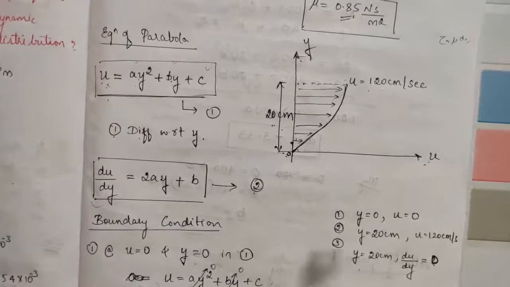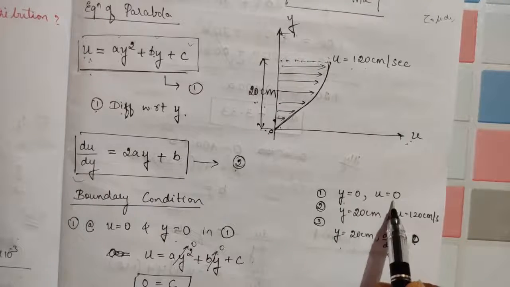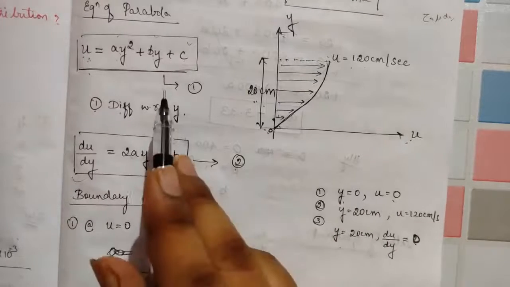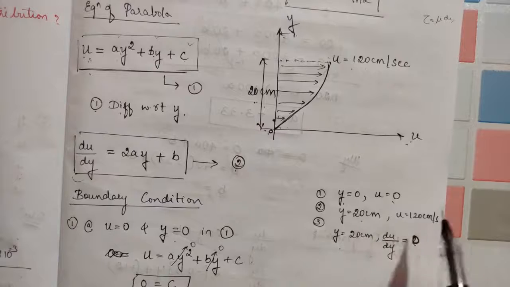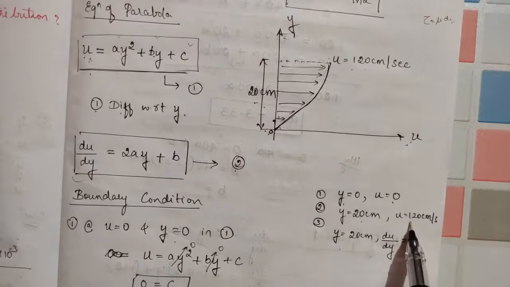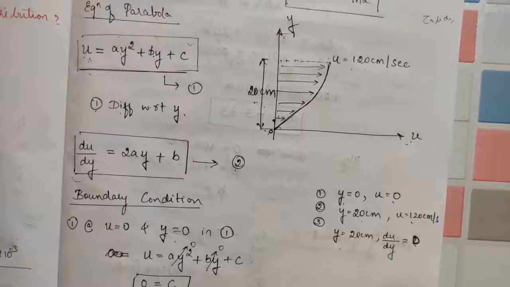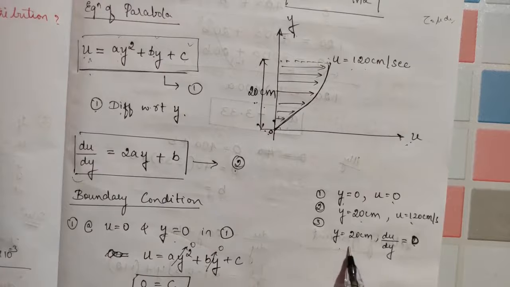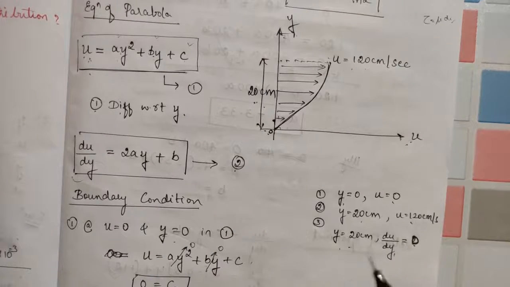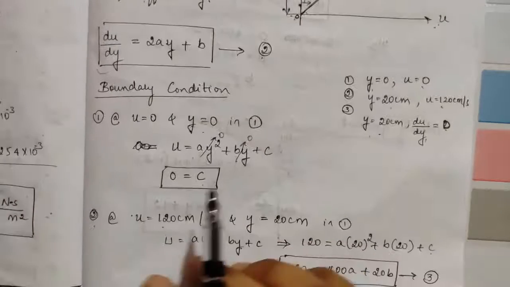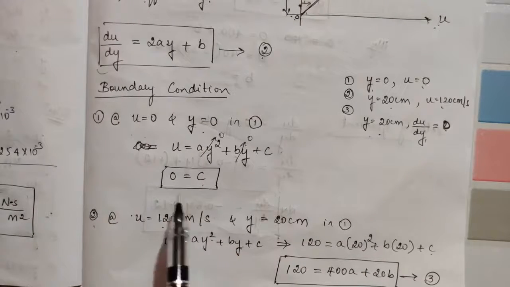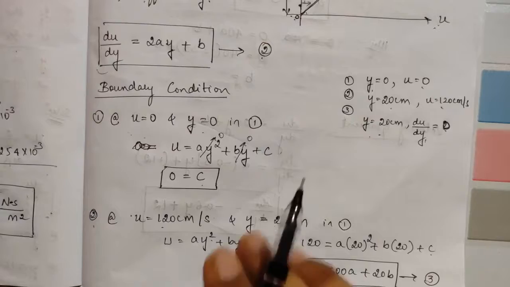With the boundary conditions: when y is equal to 0, u is equal to 0, what will be the equation? When y is equal to 20 centimeter, u is equal to 120 centimeter per second, what is the equation? When y is equal to 20 centimeter and du by dy is 0, what will be the equation? So I applied the boundary conditions. What is the purpose of applying the boundary conditions?